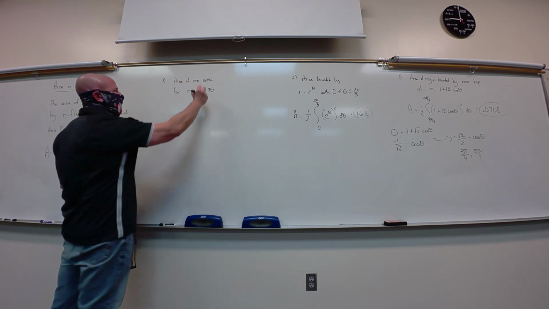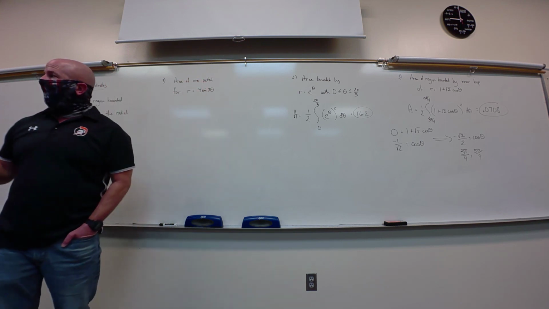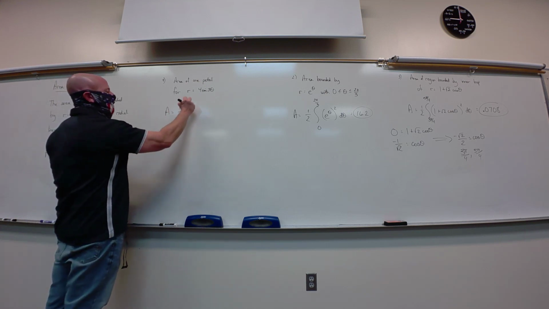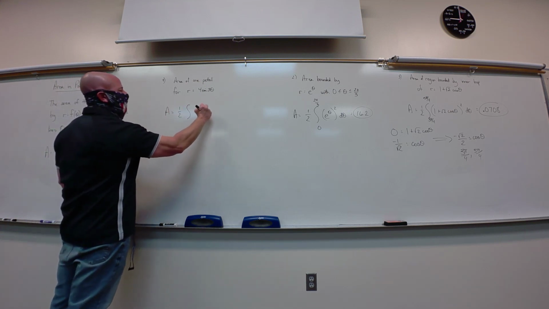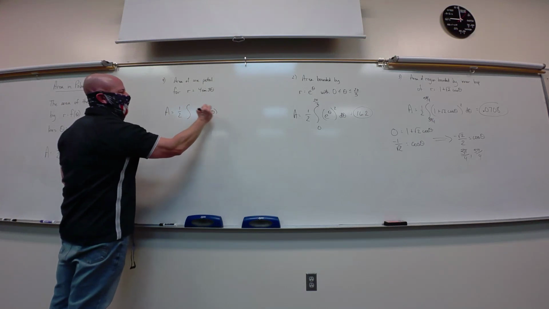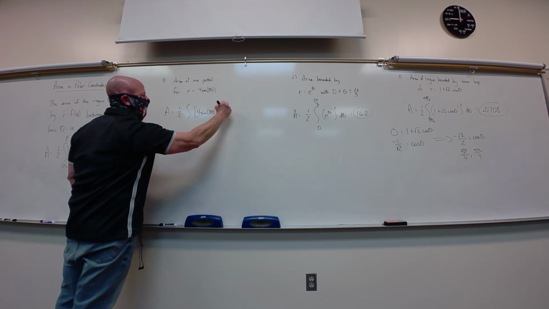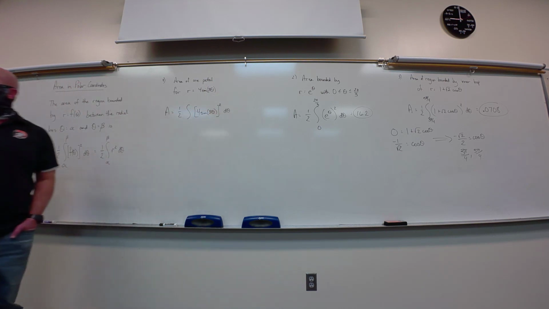Before I get to the graph, I can quickly get to 1/2 the integral of 4 sine 3 theta, which will probably need to be in parentheses on your calculator, squared, d theta. I can get that part of the write-up pretty quick.